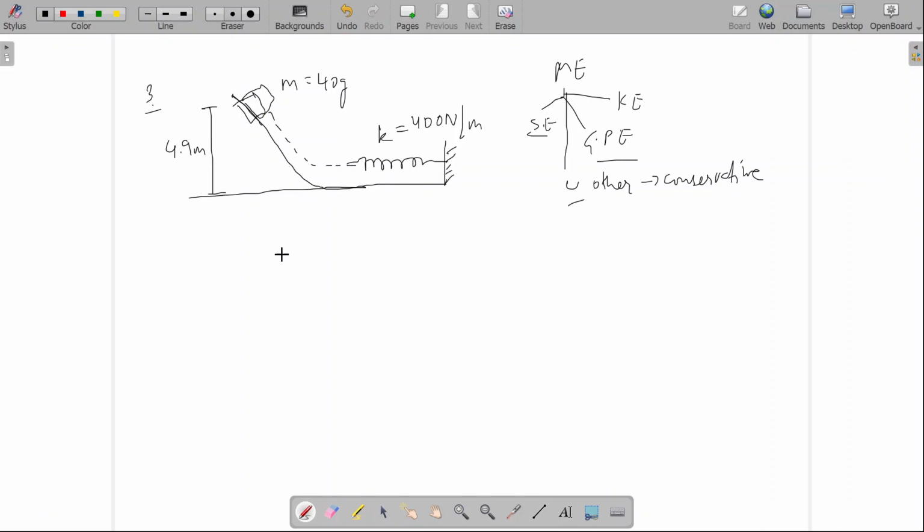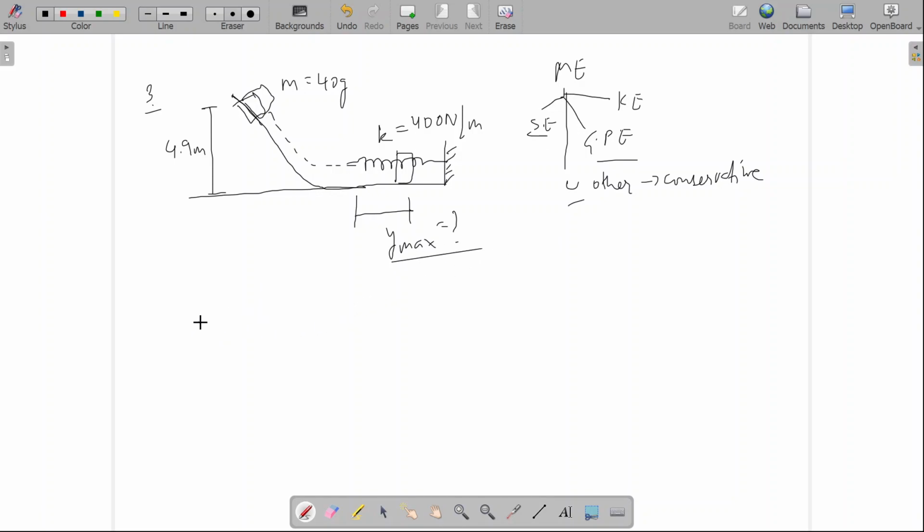So can we write the equation directly? We can say the loss in the potential energy of the block is simply equal to the gain in spring energy. And at the final moment, when the block would stop moving, the spring would have maximum compression. That is what we want to find. What is the maximum compression in the spring?